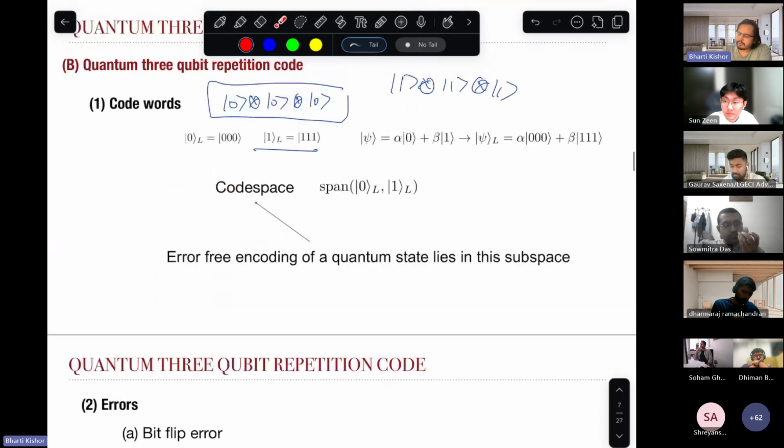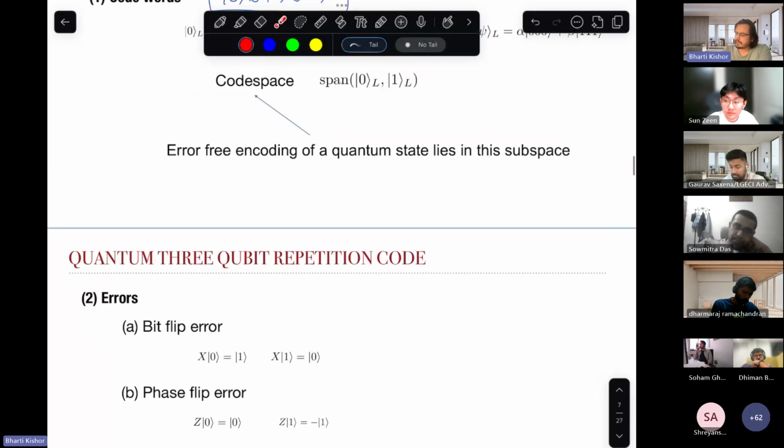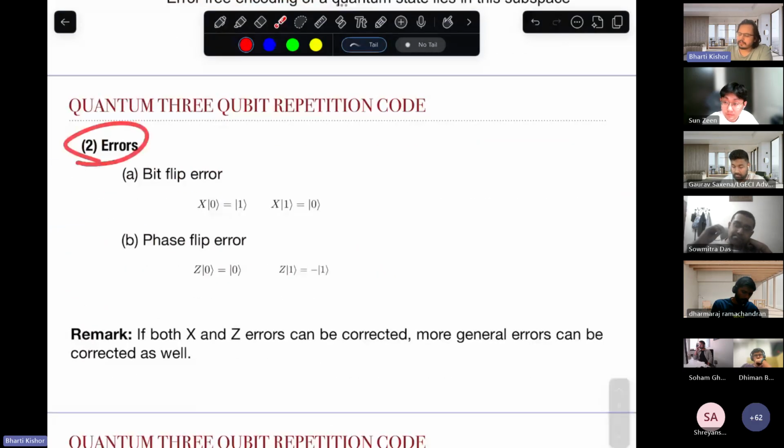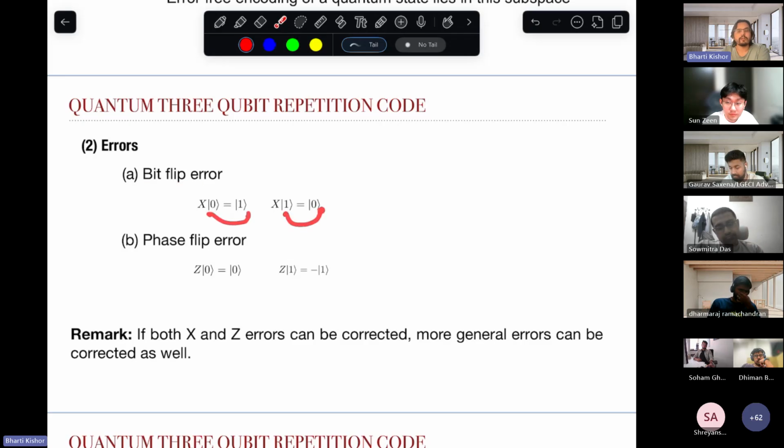Okay, so similar to the classical case, we saw what the code words were, and we saw this code space. Now there is this notion of error, and here we depart slightly from the classical case. Earlier you had bit flip error, which was 0 going to 1 and 1 going to 0, the action of the X operator here.